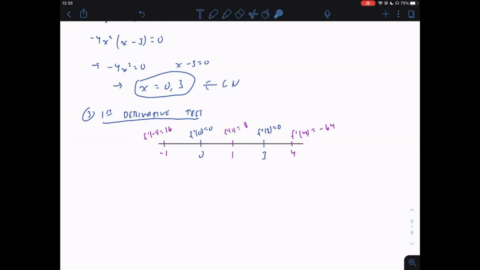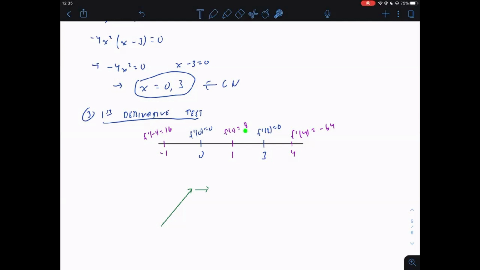So based on this first derivative test, since we have a positive slope before this first critical number, that means our function is increasing before that first critical point at 0, flattens out, but then what happens?